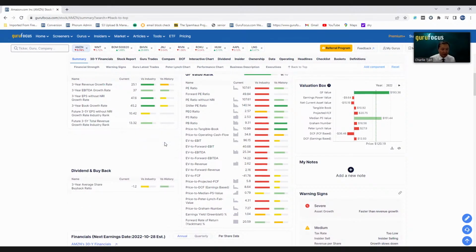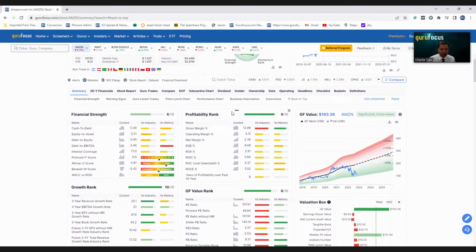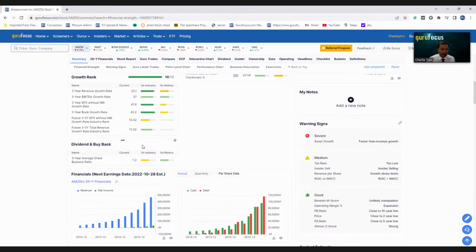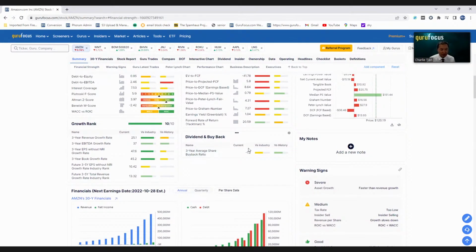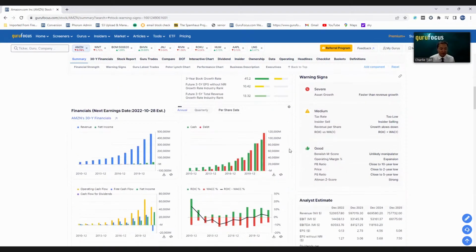If I don't want it, I remove it. And if I think that profitability is more important, I move it here, and valuation is now here. I want to make this page better looking, so I move this one here. Or maybe I can move the growth here. So I try to make it better.